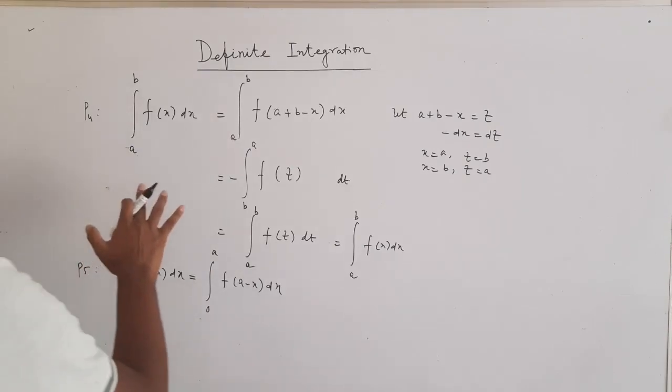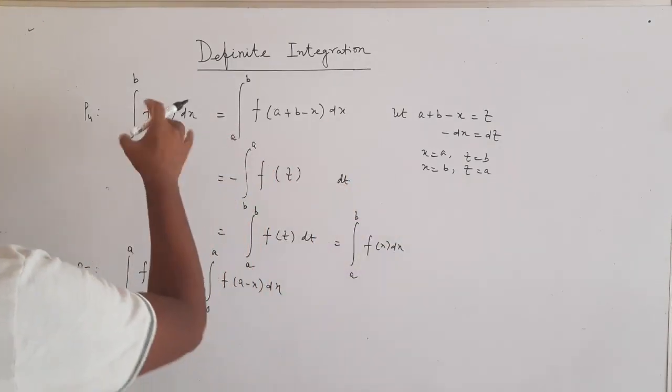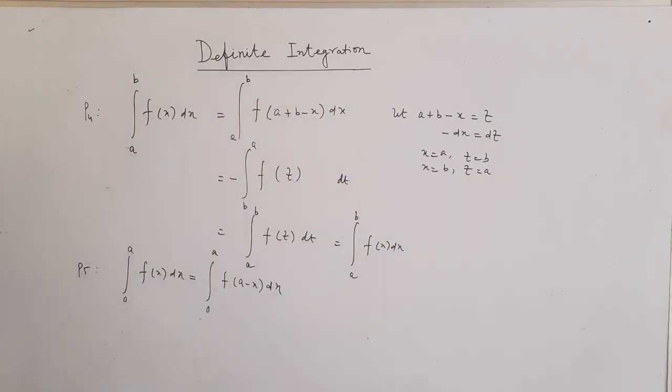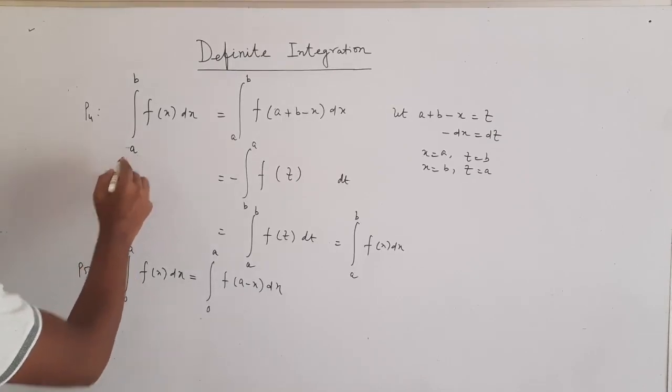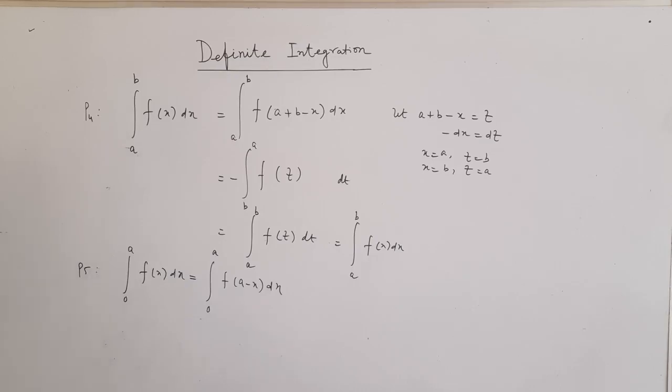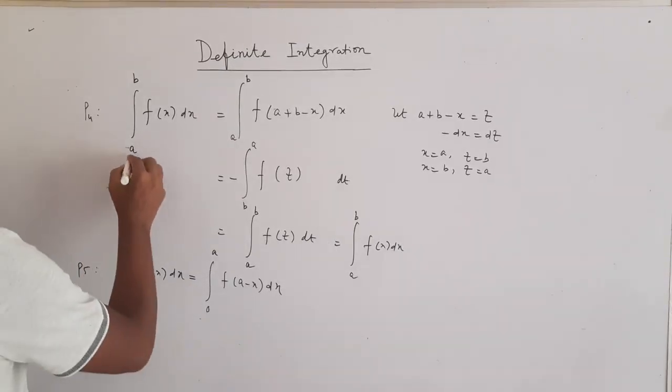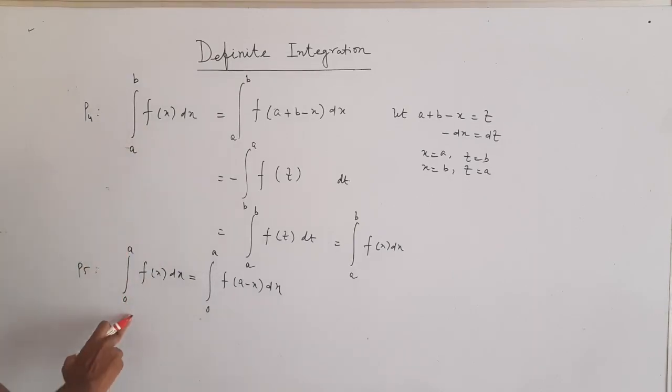If you write b as 0, you can also get it, but you have to resubstitute certain values. So let me use the red pen. If I write a as 0, these two resemble the same thing.